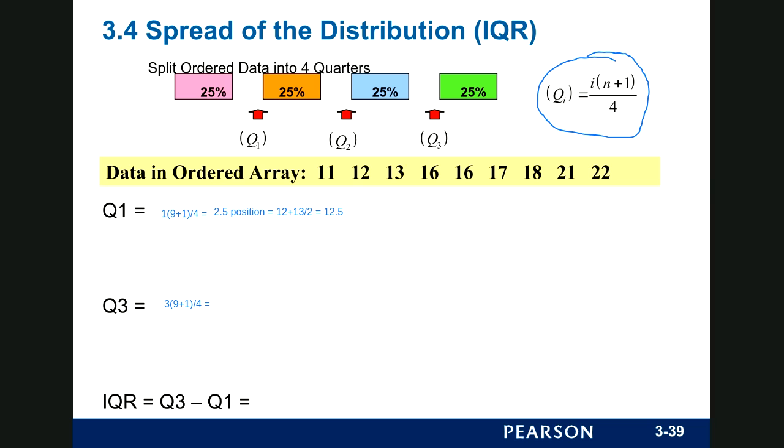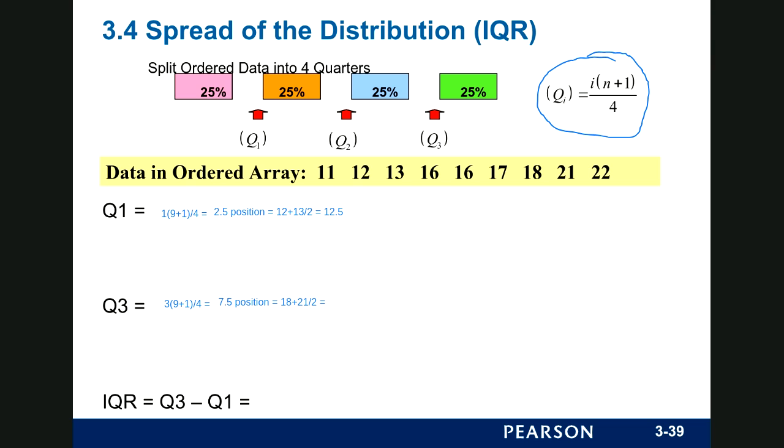So I'm seeing different numbers pop up here. 7.5 position should be, so let's count this together. 18 plus 21 divided by 2. Just making sure you guys are getting it here.